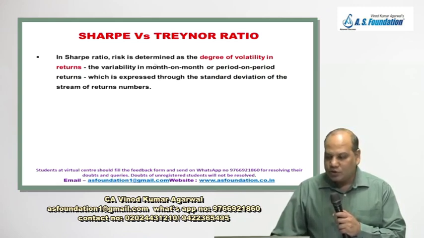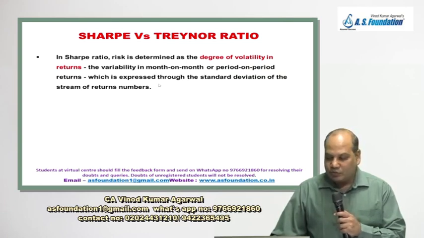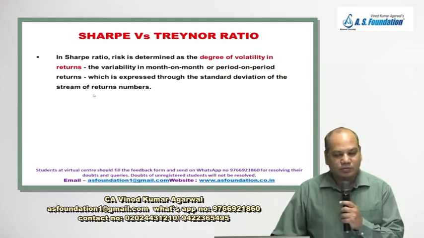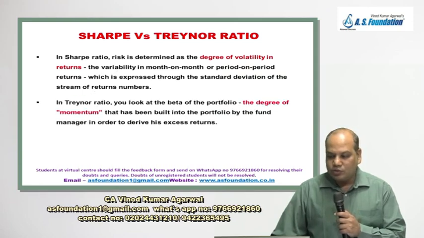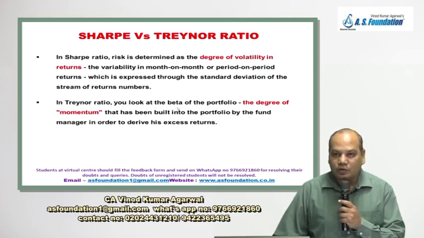So in Sharpe ratio, risk is determined as the degree of volatility in returns. That is a variability in month on month or period on period returns, which is expressed through the standard deviation of the stream of return numbers. Whereas in Treynor ratio, you look at the beta of the portfolio.